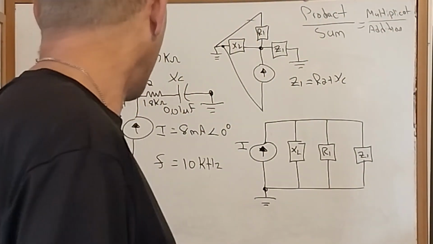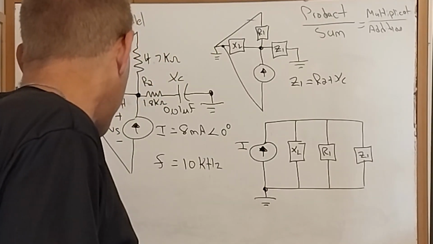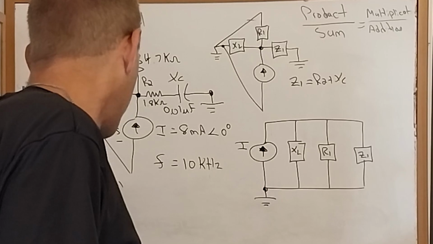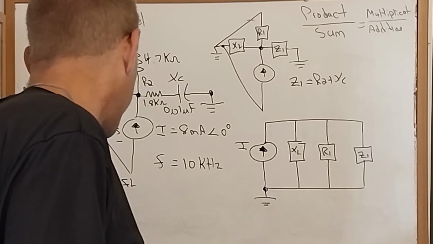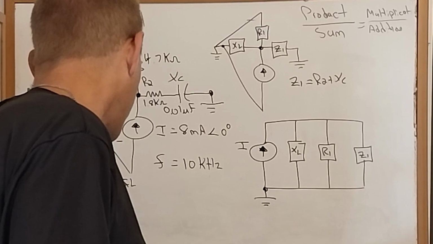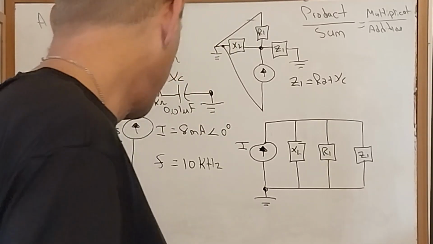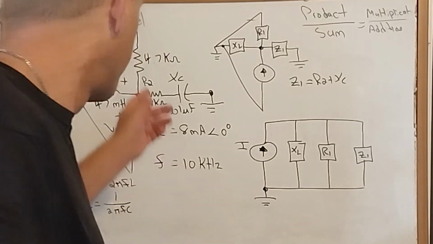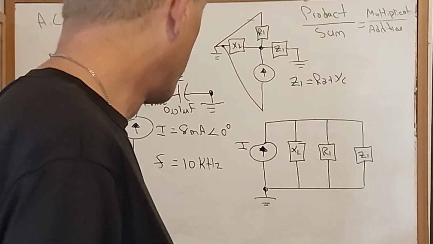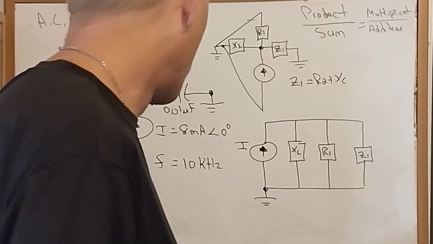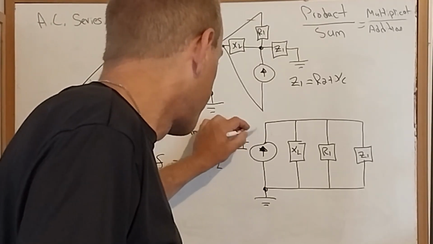So we have to figure out X of L first. That's 2 pi F L, and X of C is 1 over 2 pi F C. These are the algebraic equations for the impedances for these values, and that's what we're going to need in order to solve.